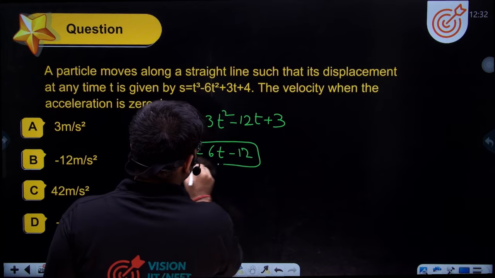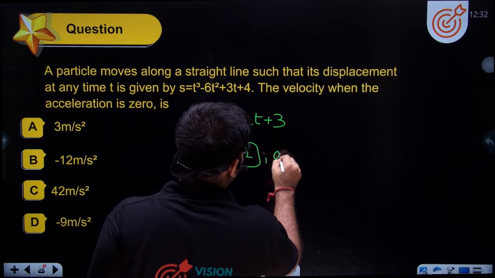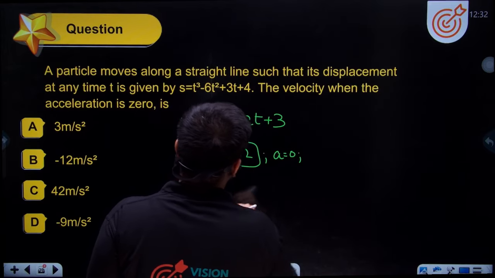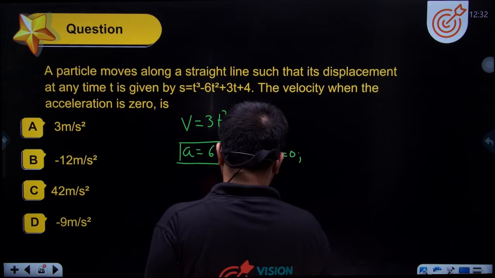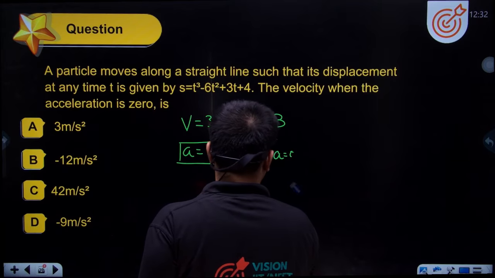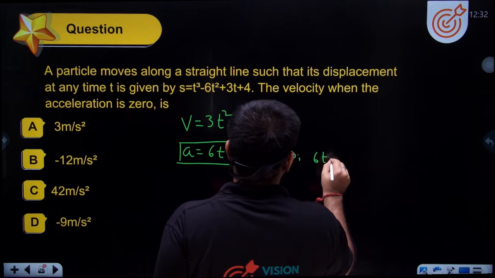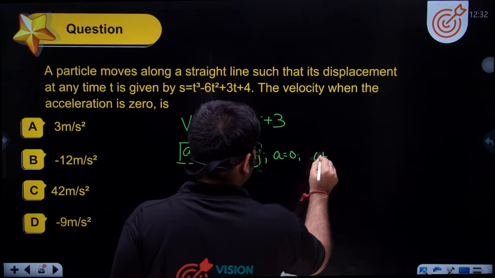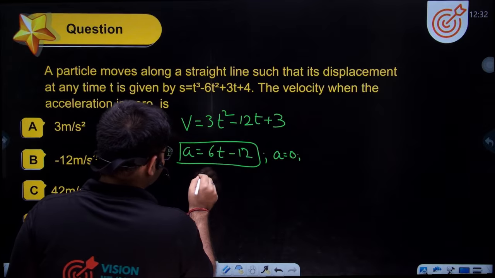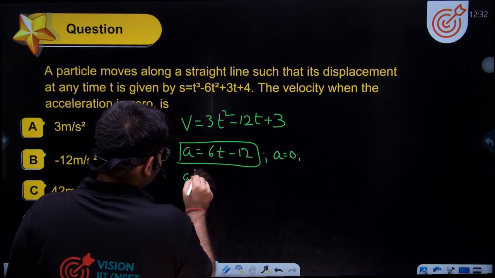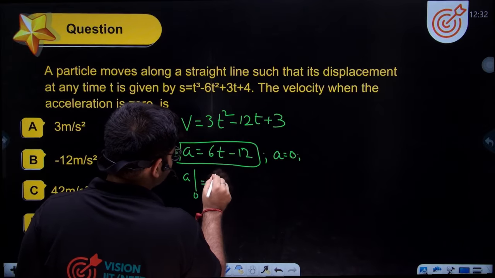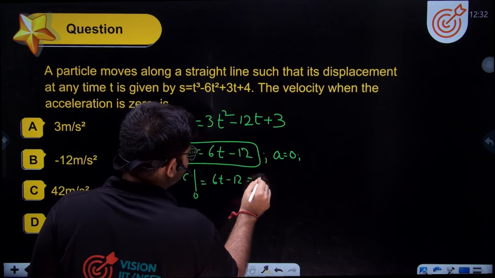Now the acceleration is 0, so my 6t minus 12 is 0.